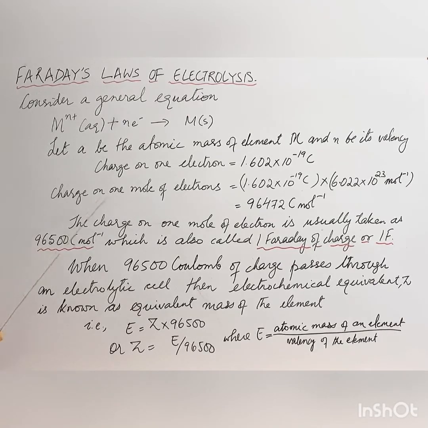So the charge on 1 mole of electrons will be the product of the charge on 1 electron and Avogadro's number. So 6.022 into 10 to the power 23 mole inverse is the Avogadro's number. So the product of those two will give us a number which is 96472 coulomb mole inverse.